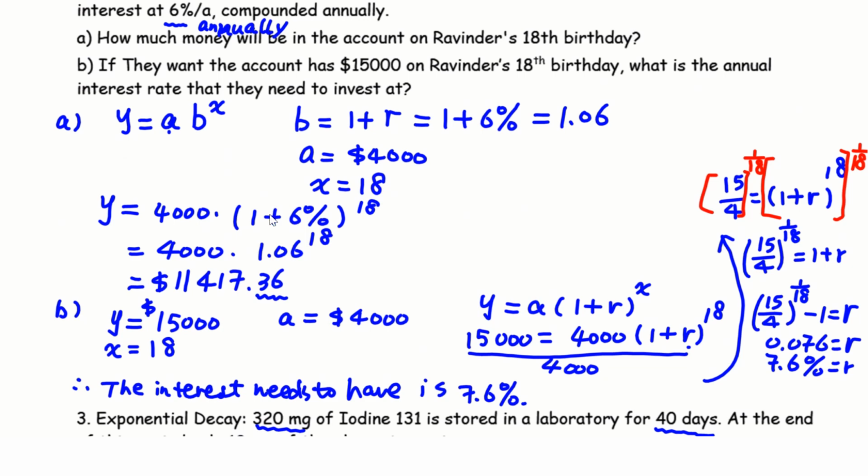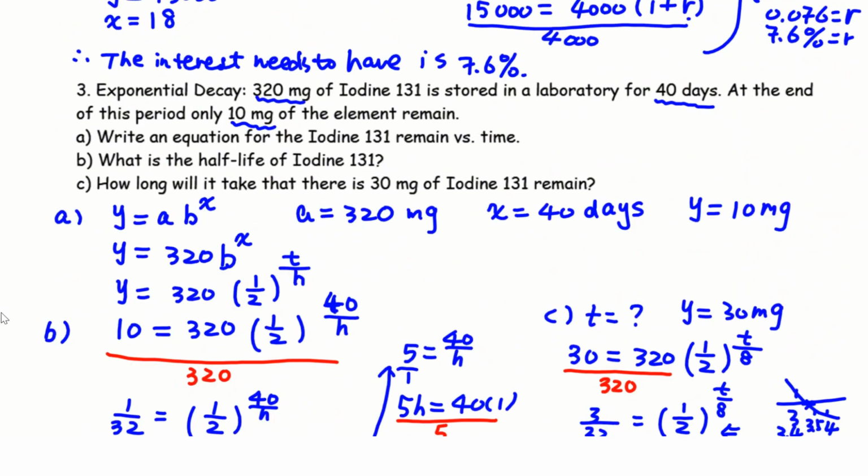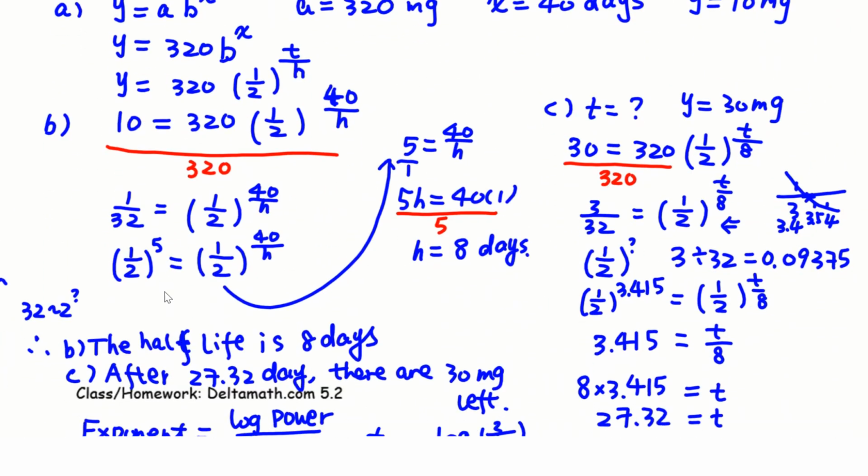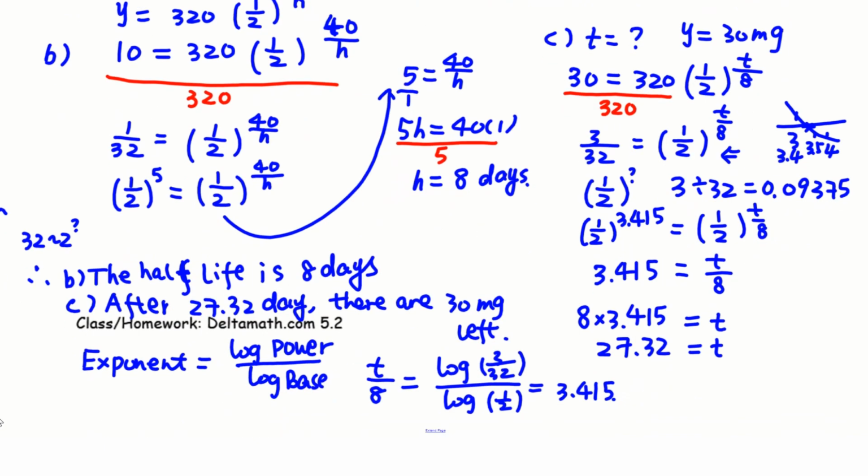If decay, it will be 1 minus the percentage decay rate, and go from there. When you are solving for the exponent, that is an exponential equation, then you could try the common base, same base, then exponents equal, or you could guess and check to find the common base, or you could use a log to solve for the exponential equation.